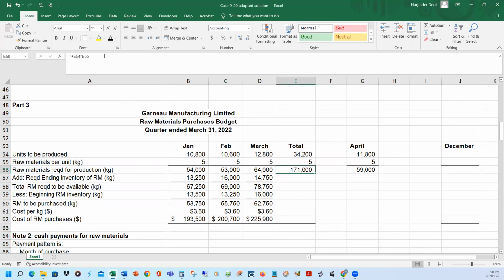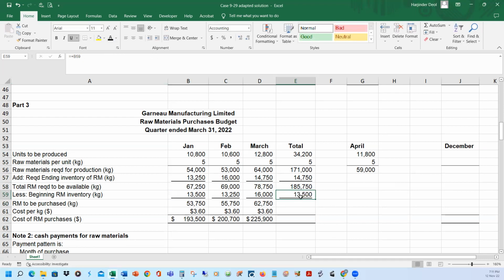For the totals column, we need a total of 171,000 kilograms of raw materials for production in the quarter, January through March. But we also want to make sure that we end the quarter with 14,750 kilograms. That gives us total quantity required of raw materials during the quarter, 185,750. We already had at the beginning of the quarter 13,500 kilograms of raw materials.